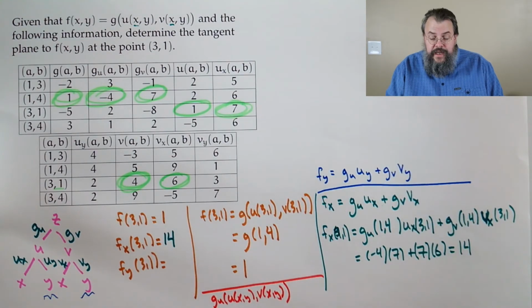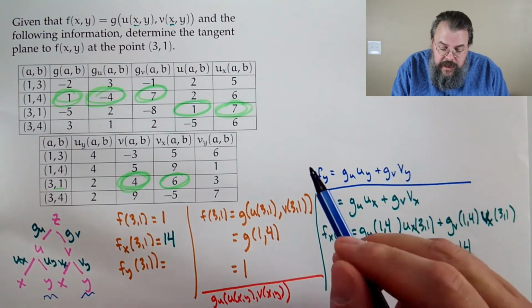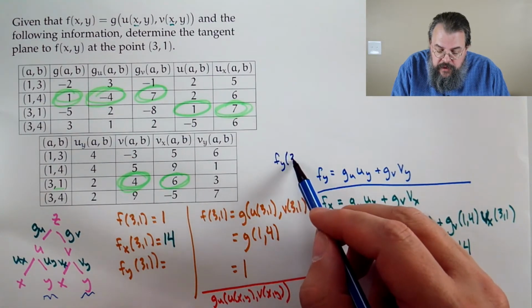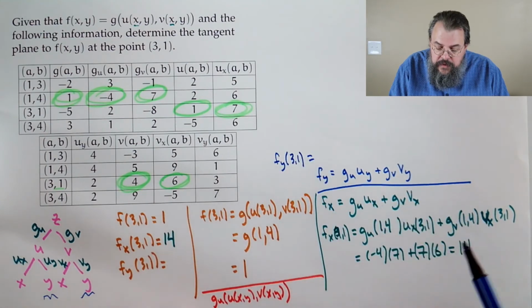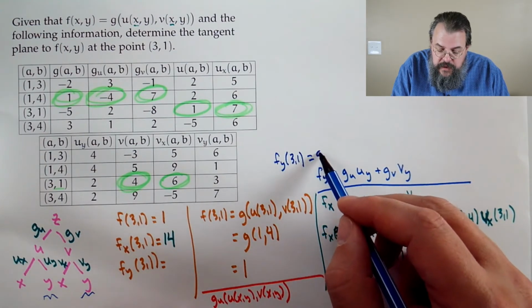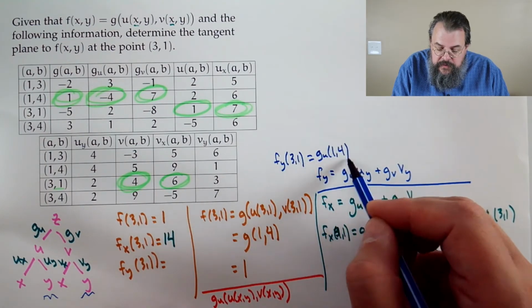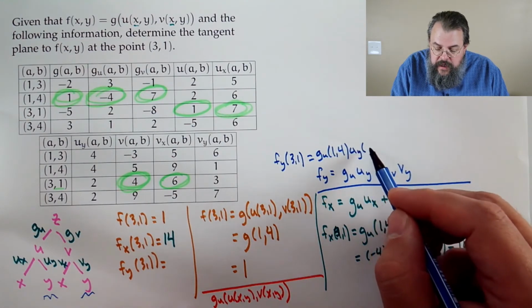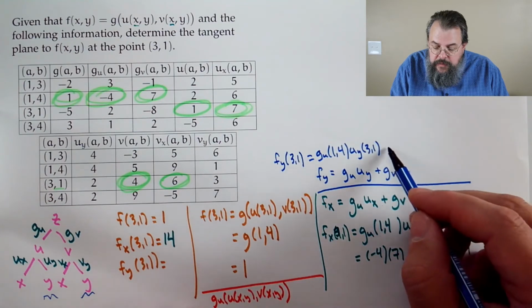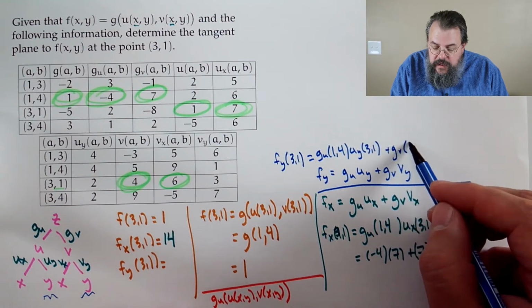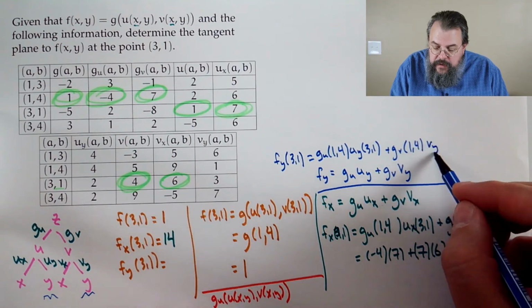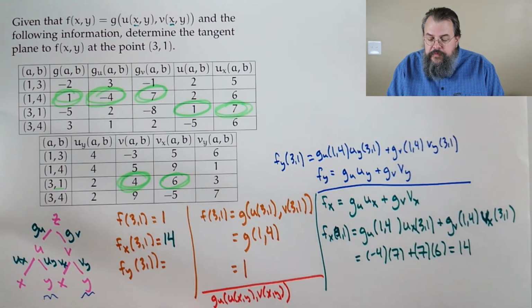Now, plug in. So we're going to get that f_y at the point 3, 1 is equal to g sub u at the point 1, 4 times u sub y at the point 3, 1 plus g sub v at the point 1, 4 times v sub y at the point 3, 1.